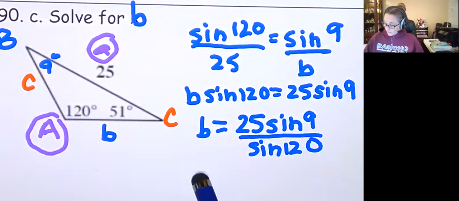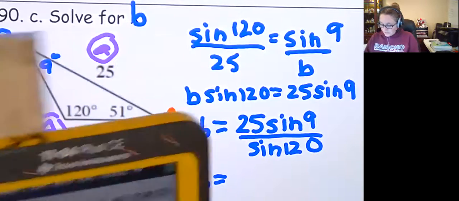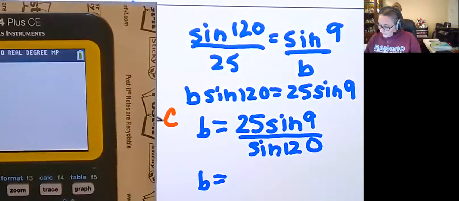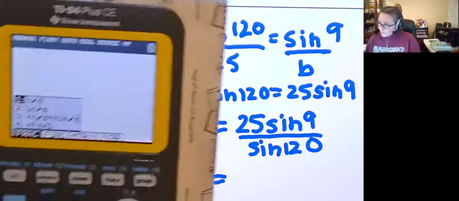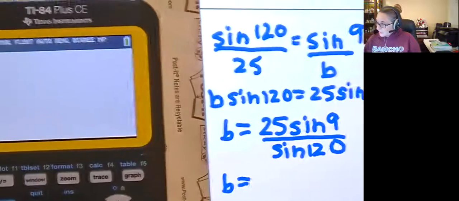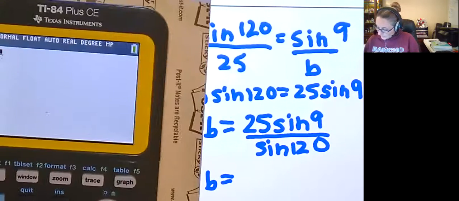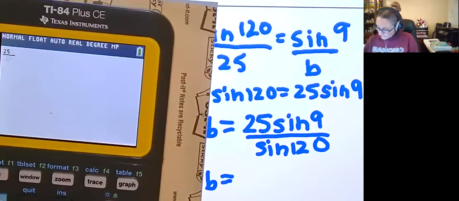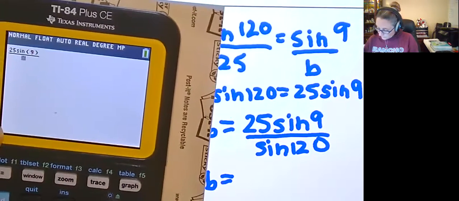And I'm going to put that in my calculator. And so when I put that in my calculator, I'm going to do alpha y equal for this, okay? Get my fraction. So I end up getting 25 sine 9 over sine 120.